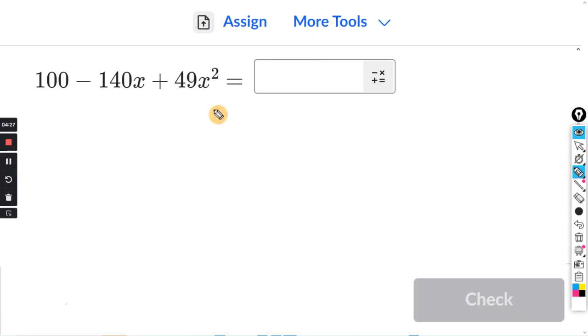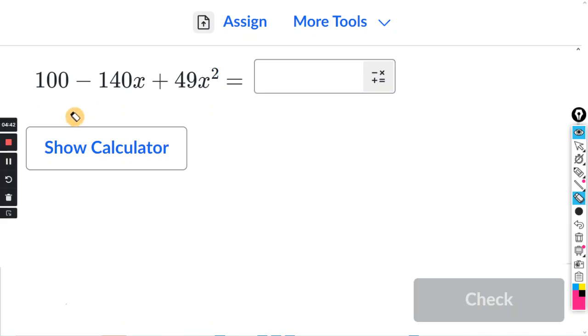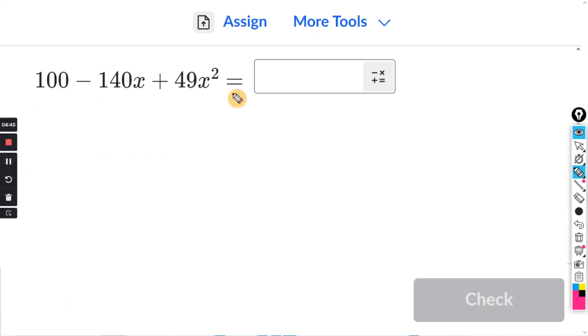All right, so for this one here, it does not appear we have a greatest common factor. 49 is the smallest. We cannot divide 100 by 49. Okay, that's just not going to work. However, if you look at this, I am quite sure this is going to be a squared minus 2ab plus b squared.